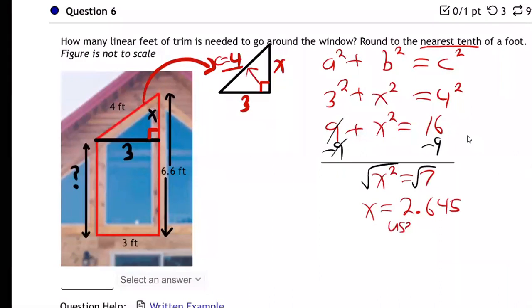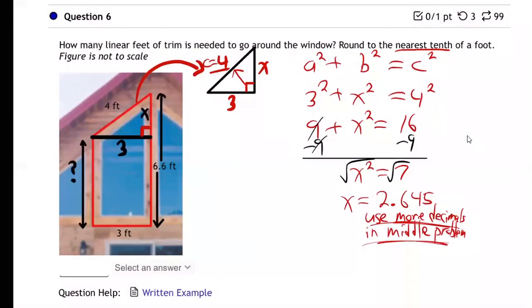I know they said in the end round to the nearest tenth, but we're still in the middle of the problem. So use, let's say 3, use more decimals in the middle of a problem. See, we're not to the end yet. We have a little more to go. So when you're in the middle of a problem, this is an important thing to know about solving math problems in general.